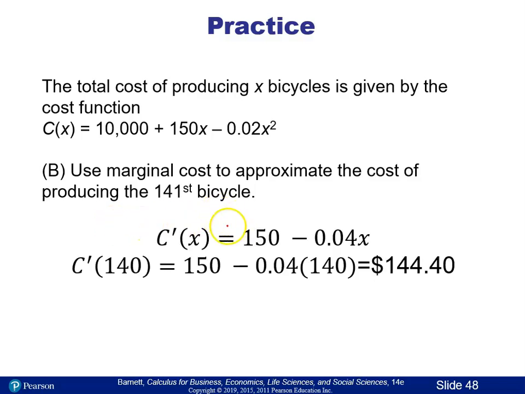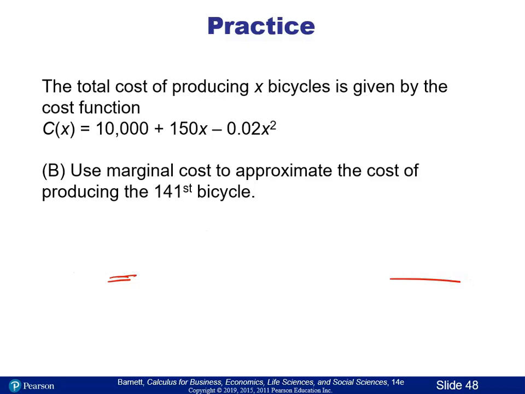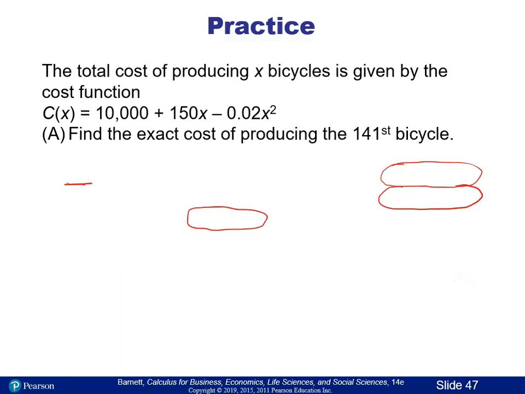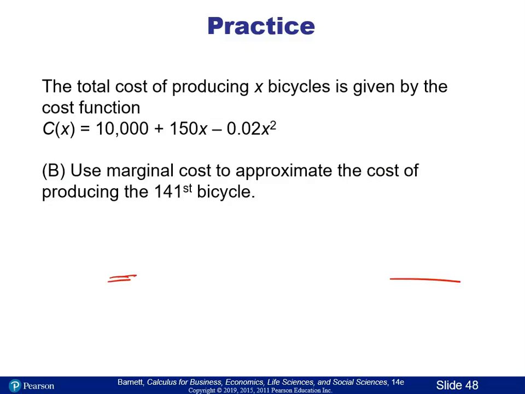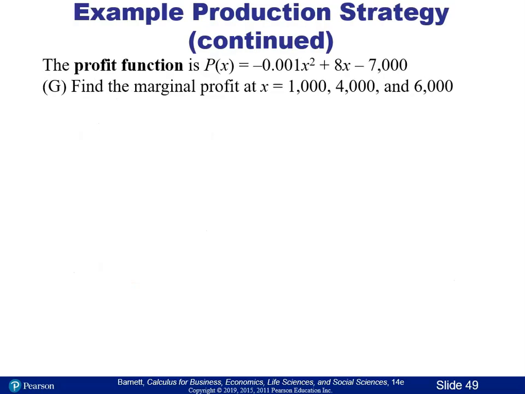So we'll find the derivative of this, which you can see here. Plug in 140, not 141, plug in 140, and we get $144.40 as our estimate. And our exact was, if we look back here, $144.38. So again, pretty close.